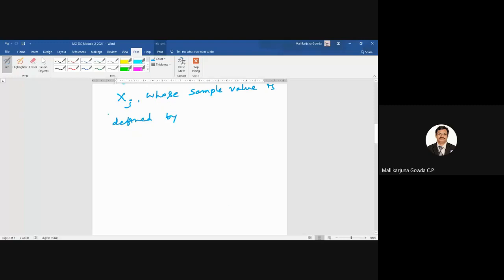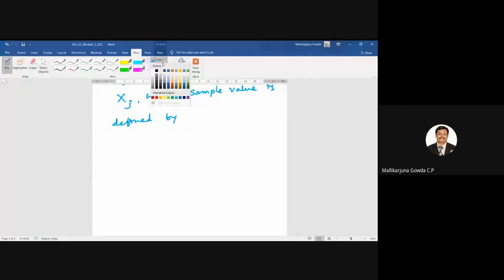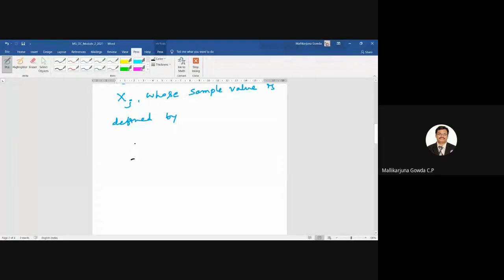So I can define small xj, the sample value of the random variable capital Xj, which is equal to integral 0 to T, with one input x of t. If it is x1, I would have written x of t into phi 1 of t. To make it general, I am writing phi j of t into dt.